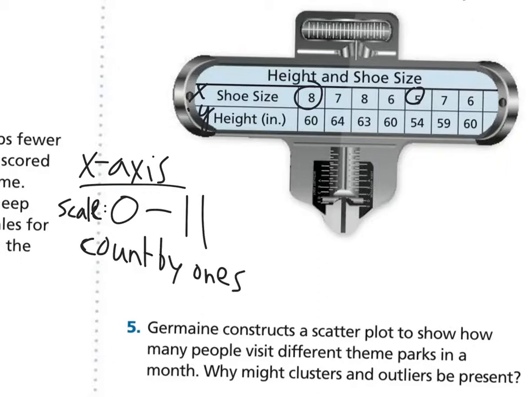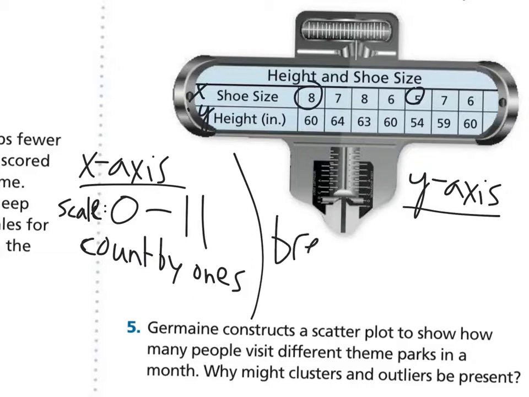on the X-axis. Okay. The Y-axis is talking about the heights. On the Y-axis, the numbers don't start until 54. That's a pretty big number to start out with. So one thing you could do on the Y-axis is a break.